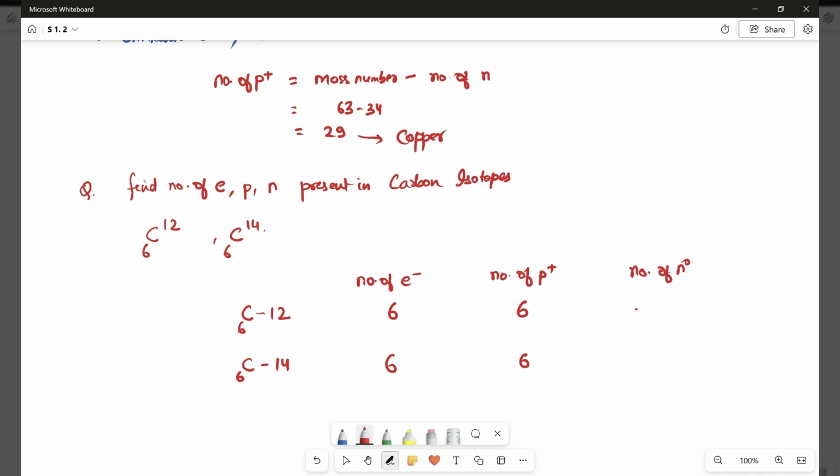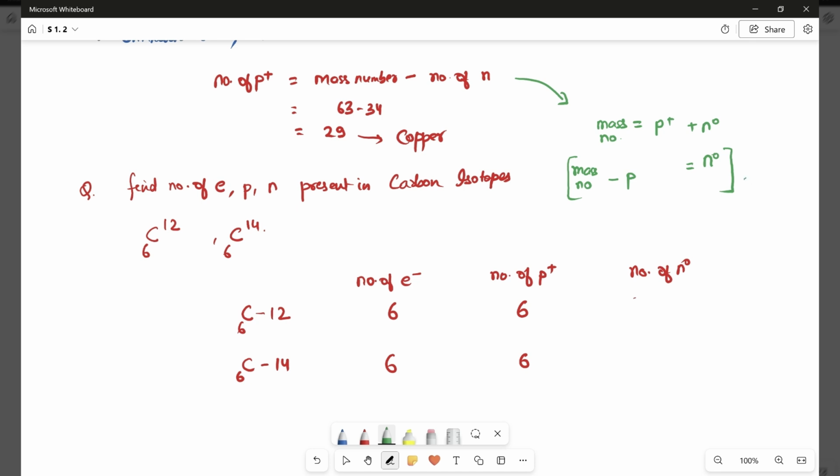Now if you have to calculate the number of neutrons, we know the formula. Let me write the formula here. As we know, mass number is equal to protons plus neutrons, right? And to find neutrons, we can say mass number minus protons.